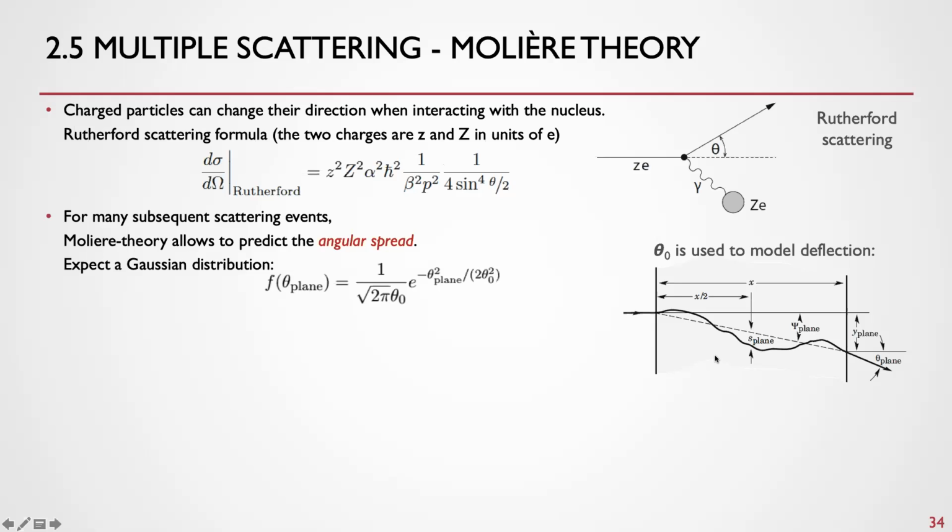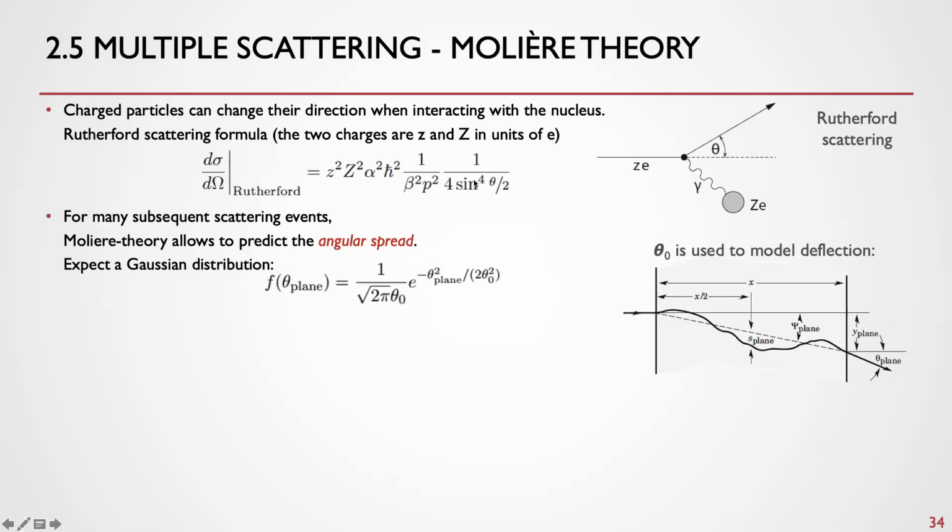So we talk about a particle and its deflection when going through a slice of the detector. We know that processes like Rutherford scattering have a 1/sin²(theta/2) dependence. So in some of the cases, we see a very large deflection.